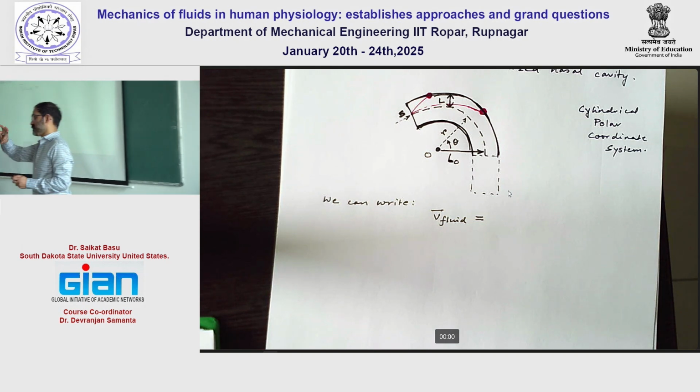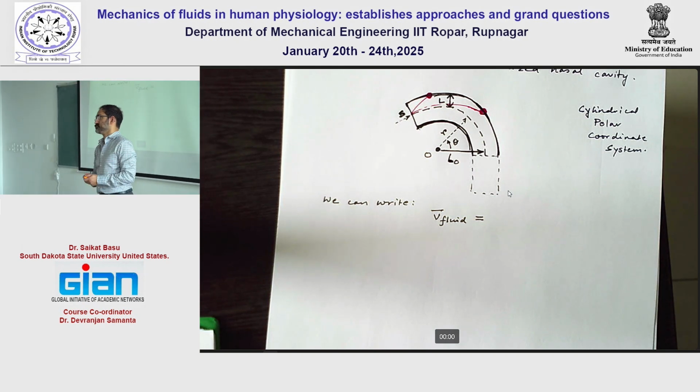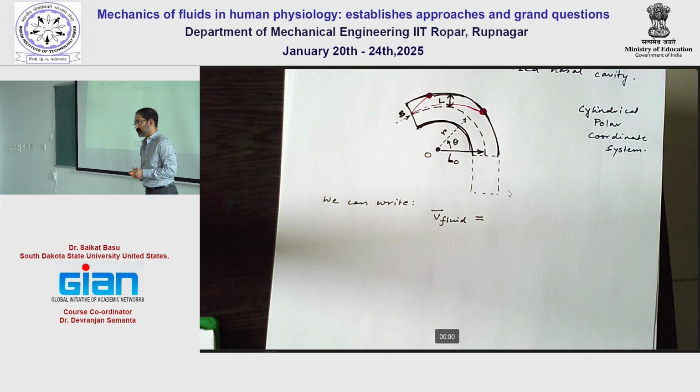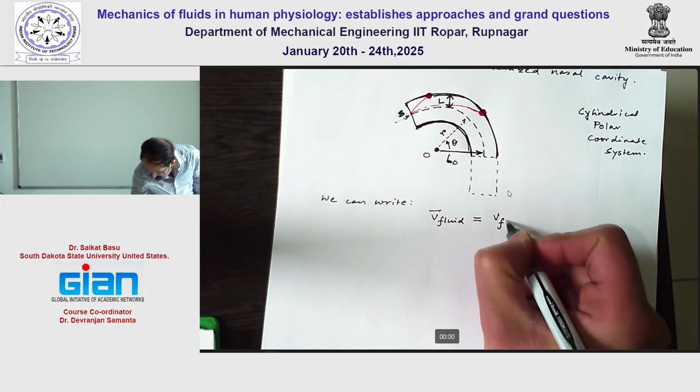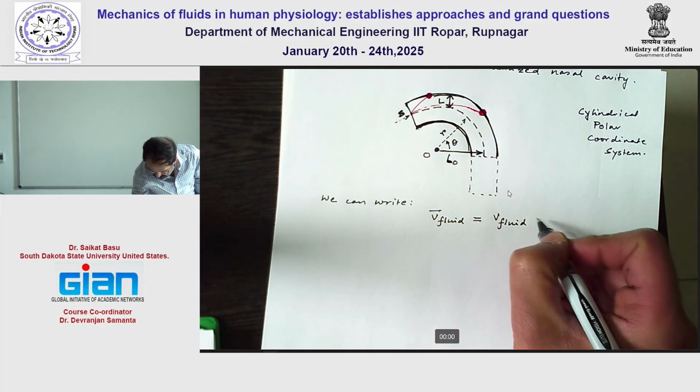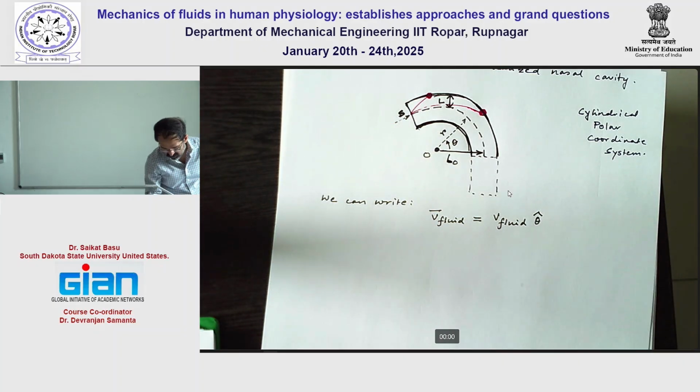If it's going straight along the angle. Exactly. So that is a reasonable assumption that V r is zero. The flux is moving directly like this. So we can write V fluid as some scalar number V fluid times the theta unit vector.